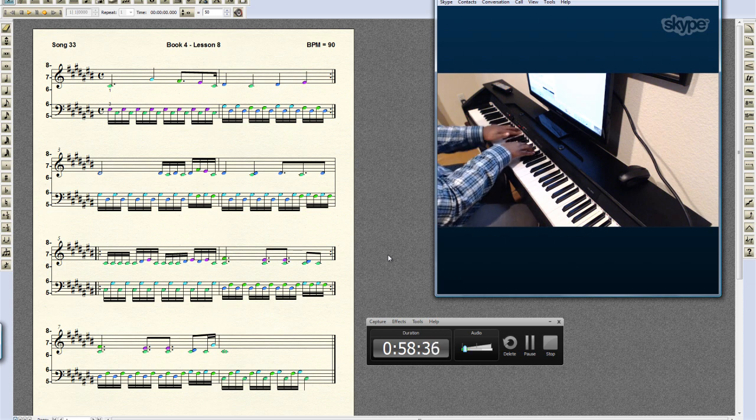No. Go again. 1, 2, 3, 4, 5, 6, 1, 2, 3, 4, 1, 2, 3. 1, 2, 3, 4. 1 e and a, 2 e and a, 3 e and a, 4 e and a. But still, that was good. Try it again. You're getting closer.